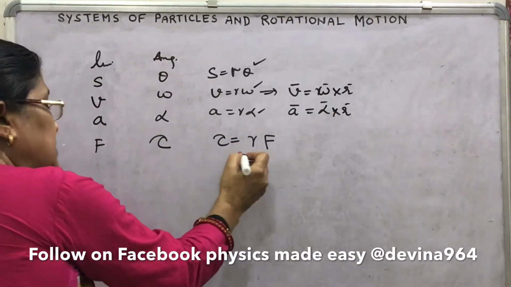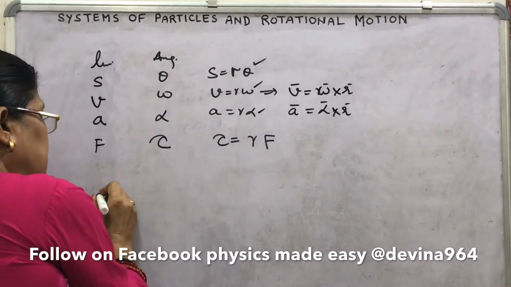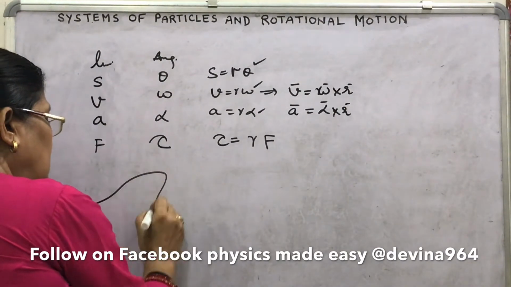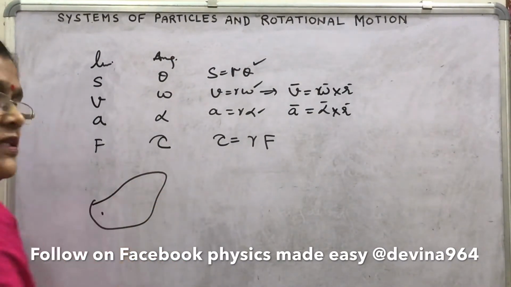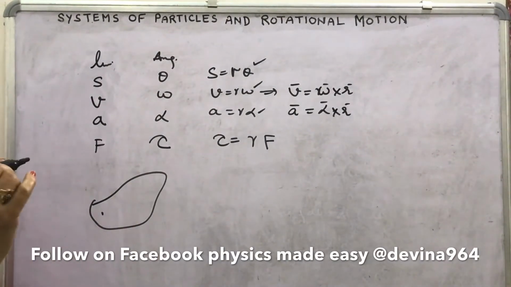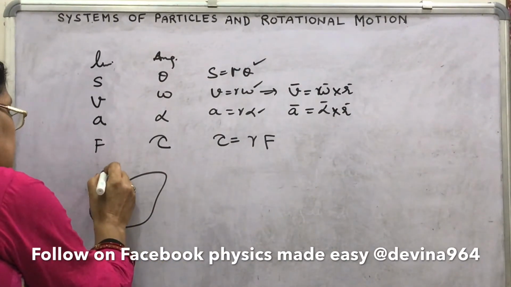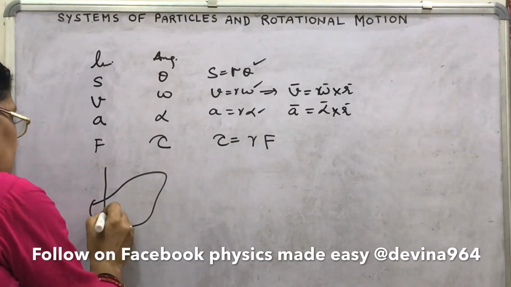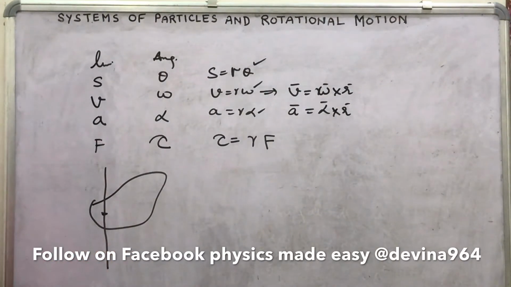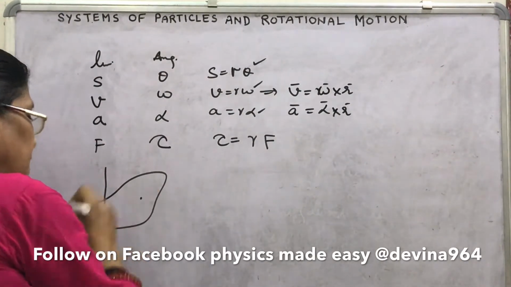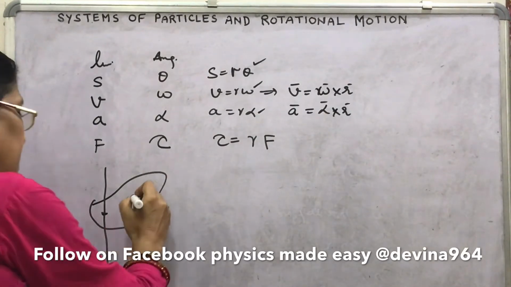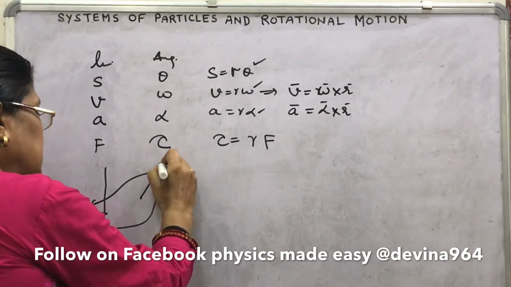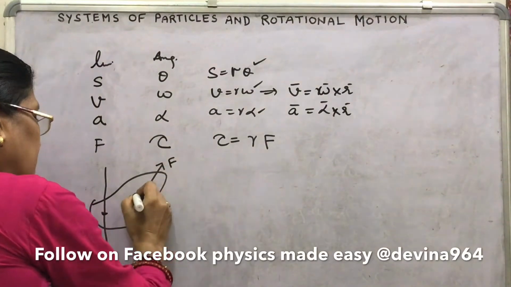If you see that an object is pivoted like this, I am showing which distance. This is the axis passing through the pivot. At this point P, a force is applied.